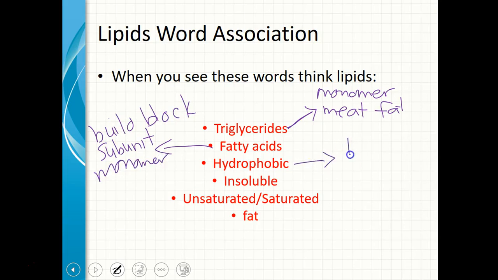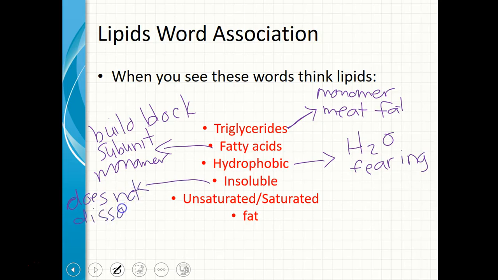Hydrophobic means they don't like water. Water fearing. Okay? Hydrophobic, it is a lipid. If it's insoluble, we think lipids. Insoluble is going to mean does not dissolve in water. When we're talking about unsaturated, that means it has a double bond.